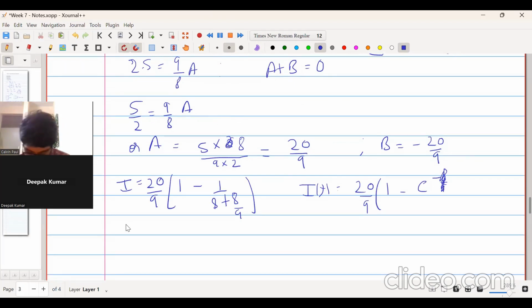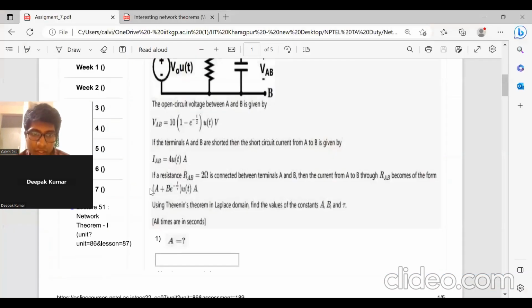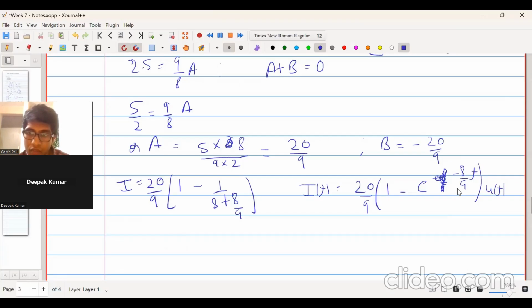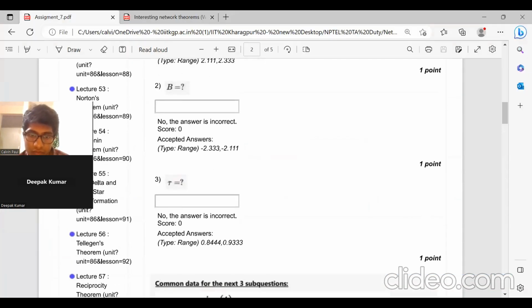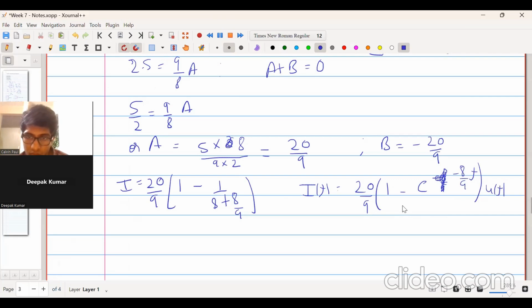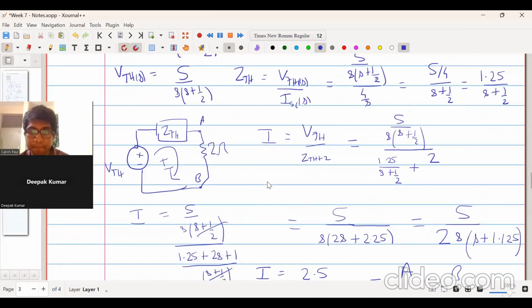No, it will be 8 upon 9, into u of t. Right? So that's how a is 20 upon 9, b is minus 20 upon 9, and t upon tau will be 9 upon 8.